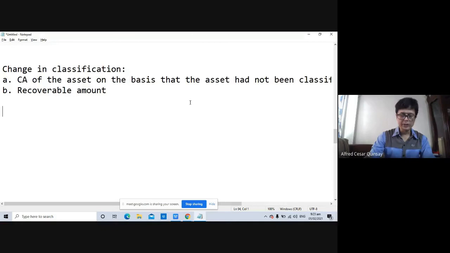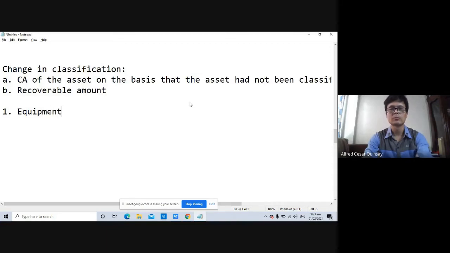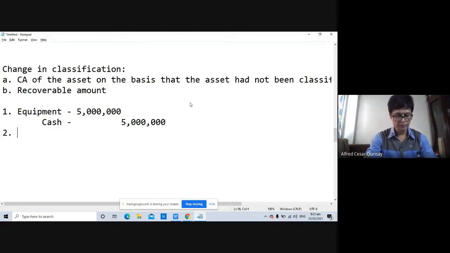Accordingly, to record the purchase of the equipment on January 1, 2020, debit equipment for 5 million, and credit cash for 5 million, since it was bought with cash. The second entry is to depreciate for 2020.